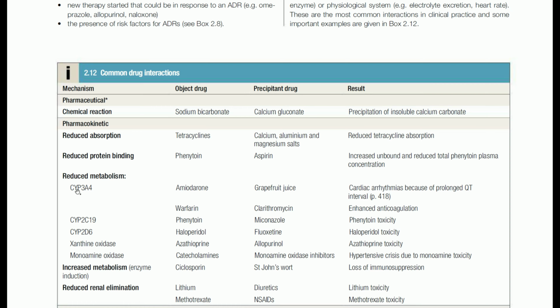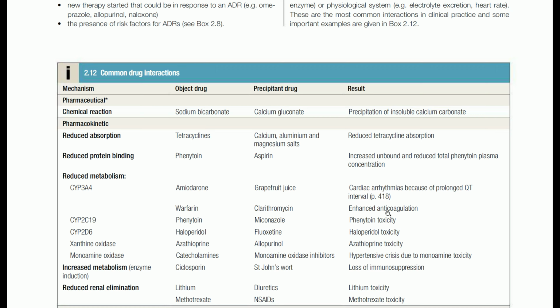Reduced metabolism. CYP3A4, amiodarone, grapefruit juice. Result, cardiac arrhythmias because of prolonged QT interval. CYP2C19, warfarin, clarithromycin.